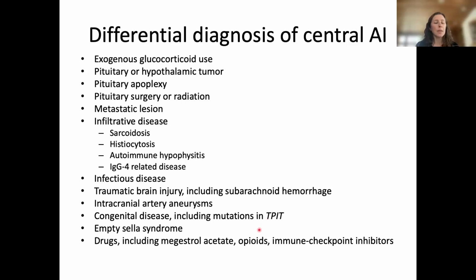Empty sella syndrome is associated with central AI, and drugs including megestrol acetate, which is used to increase appetite in cancer cachexia, can cause central AI as it has some glucocorticoid activity by binding the glucocorticoid receptor.